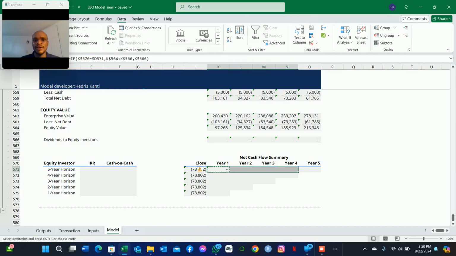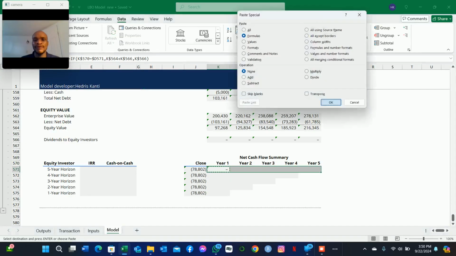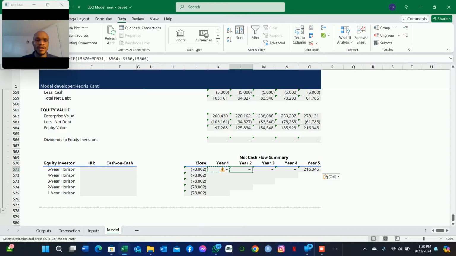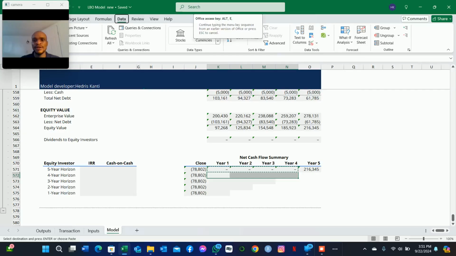So we can copy this, Alt ESF. If we have done it right, you can see that in the future, we see this $216 million adding up to these dividends. That's what they will receive. So we can do that for the other years, which we copy, pasting as formulas.